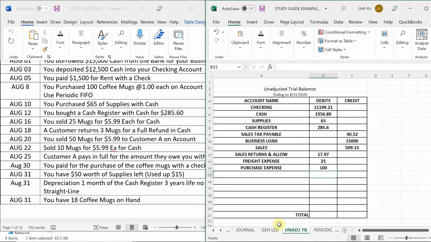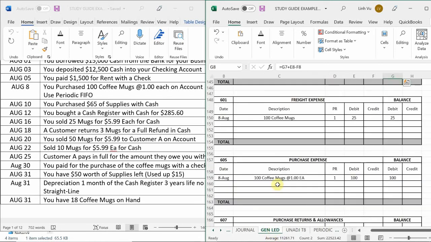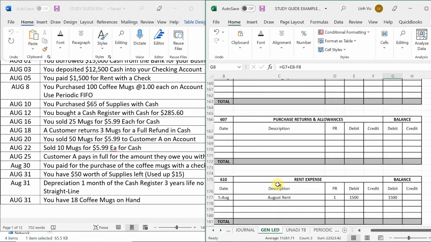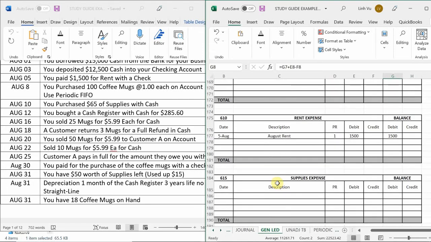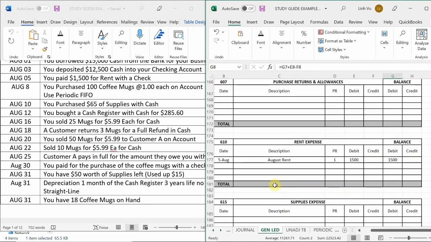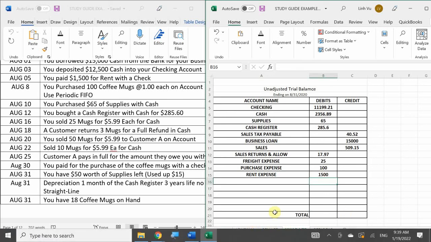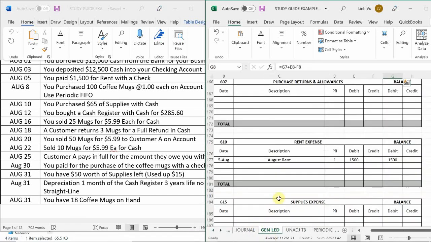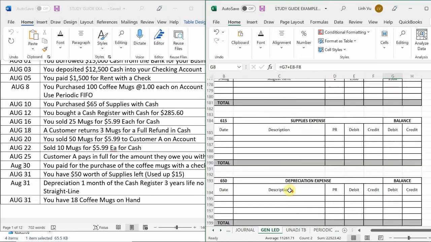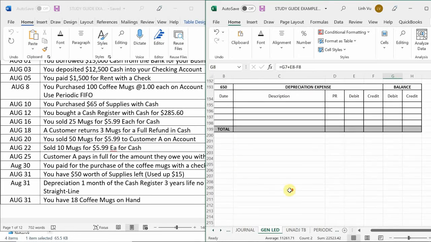Okay. We have purchase returns and allowances, nothing there. We have rent expense for 1,500. And let's see. No supplies expense, no depreciation yet.